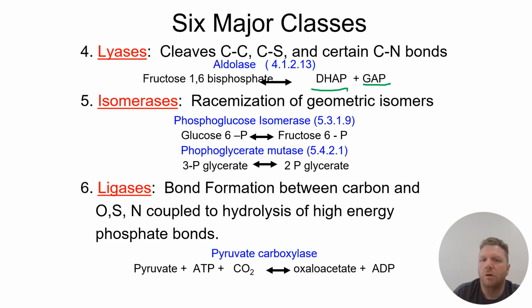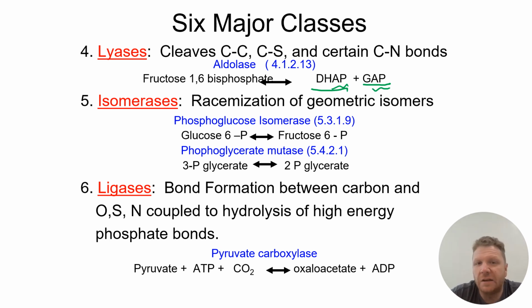Now, what I want you to notice about this is we've got one reactant going to 2 products. We have 2 phosphorylated products, and we have one doubly phosphorylated reactant.